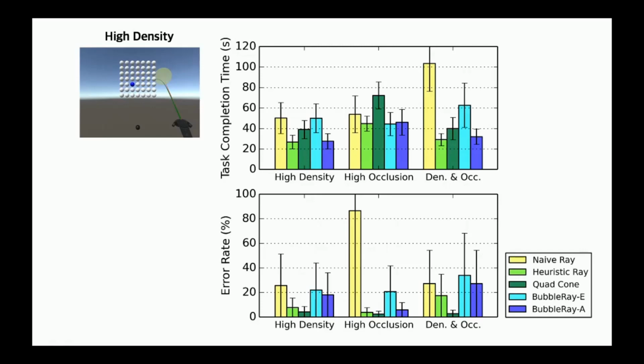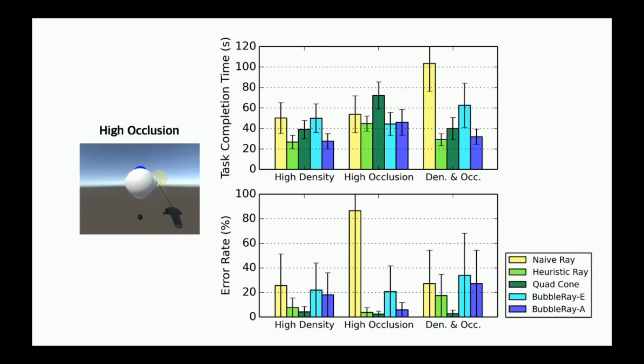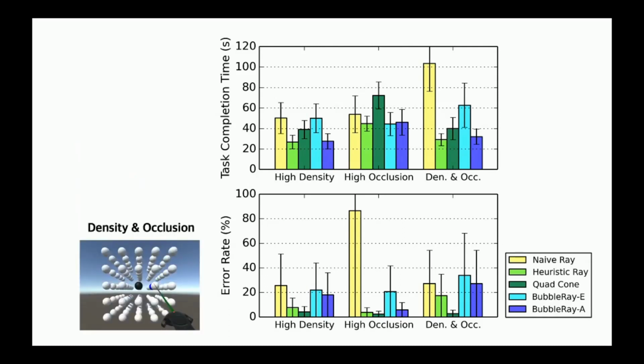In high-density scenes, bubble rays degenerated into Naïve Ray, so their error rates were as high as Naïve Ray. In high occlusion scenes, bubble ray E becomes awkward because the distractors are always the nearest one in Euclidean distance. However, angular distance didn't have this problem.